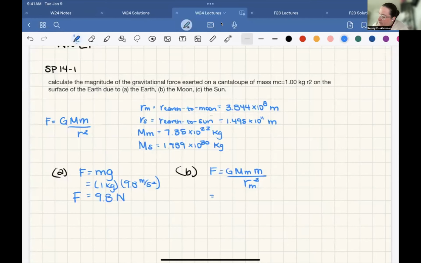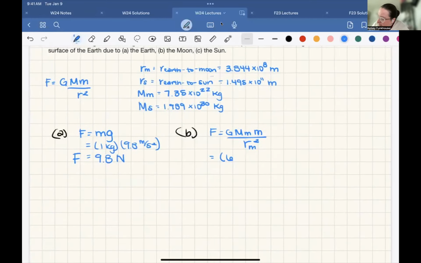I'll just put it down here. So G is again 6.67 times 10 to the negative 11 newton meter squared per kilogram squared. And then the mass of the moon is 7.35 times 10 to the 22 kilograms.